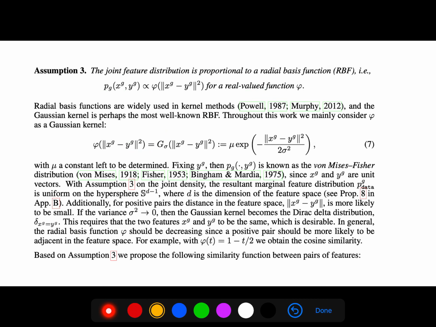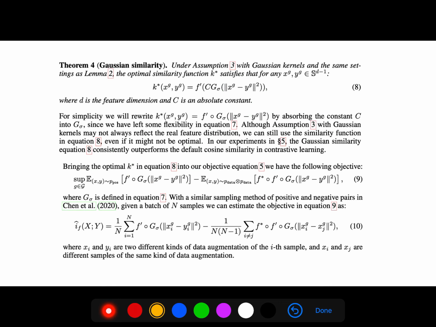And we have one assumption, that the joint feature distribution is proportional to a radial basis function. Using this assumption, we can say with Gaussian kernels and the same setting, the optimal similarity function satisfies this relation, where d here is the feature dimension and C is an absolute constant.